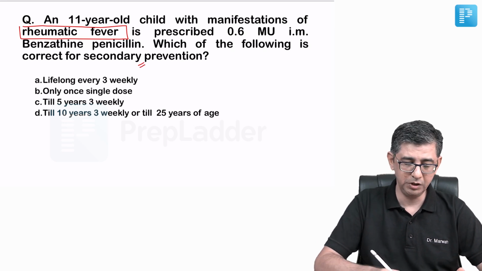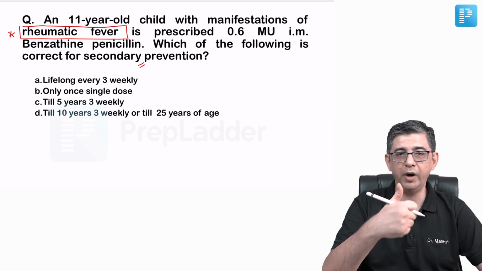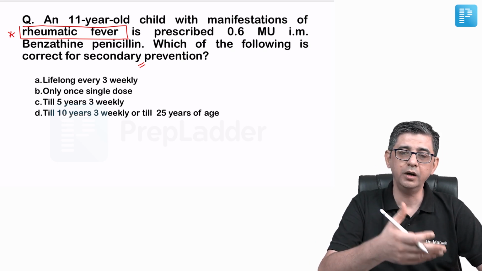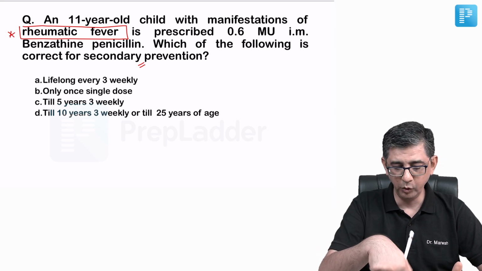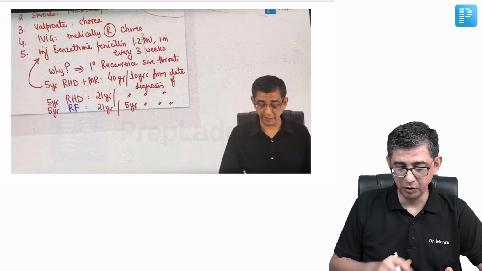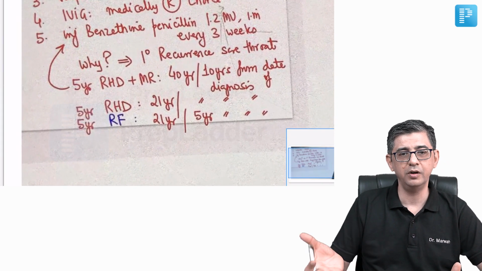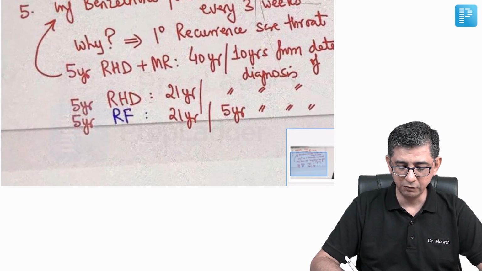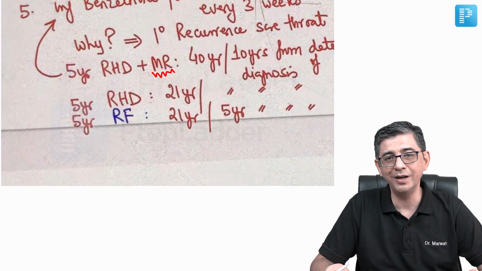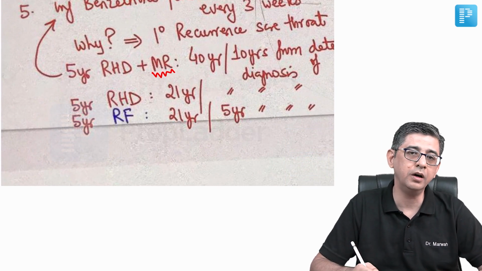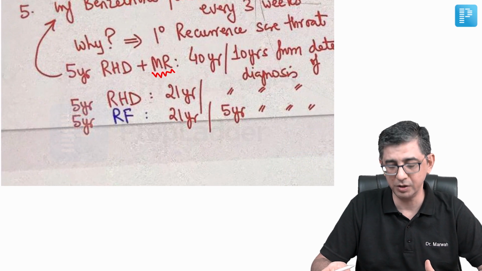The key for this question is always that they ask words like rheumatic carditis with valvular lesion, and then plain rheumatic fever. Before I focus on the options in this case, let me just talk about what I have talked. I'll show you the Harrison reference also. The bottom line is whether valvular lesion is given or not, because not everybody would be having a carditis component with a valvular lesion present.